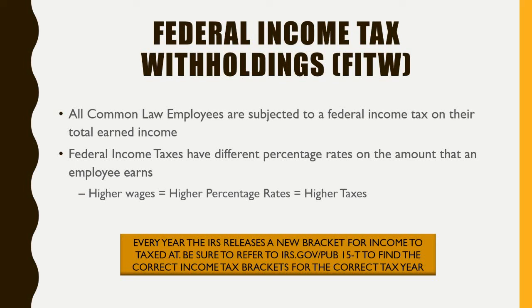You're going to have a bunch of tax tables that you can look over to calculate how much tax you're responsible to pay. The more money you earn, the higher the percentage of tax rates. And the more items that you claim on your W-4 form, of course, the less taxes you have to pay.